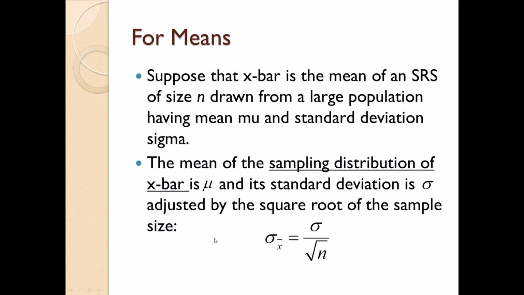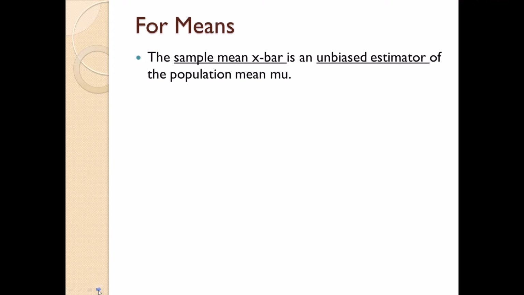This will have the same kind of general behavior as the standard deviation for proportions did. So as n gets bigger, the whole fraction gets smaller and bigger sample sizes are more accurate. So your sample mean x bar is an unbiased estimator of the population mean mu.